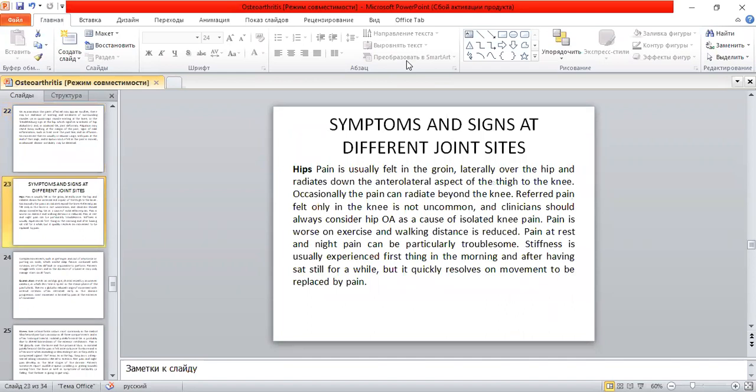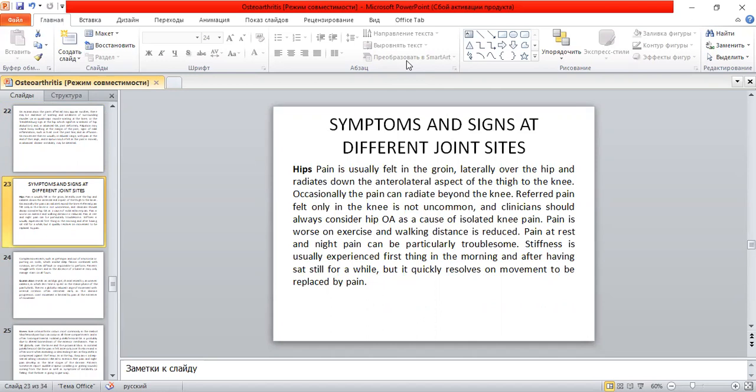Symptoms and signs at different joint sites. Hips. Pain is usually felt in the groin, laterally over the hip, and radiates down the anterolateral aspect of the thigh to the knee. Occasionally, the pain can radiate beyond the knee. Referred pain felt only in the knee is not uncommon, and clinicians should always consider hip osteoarthritis as a cause of isolated knee pain.